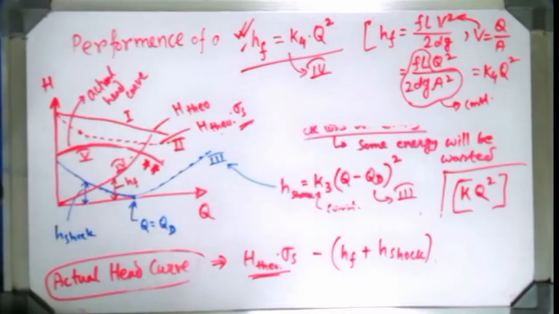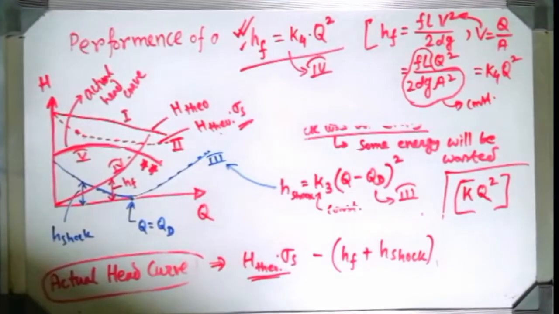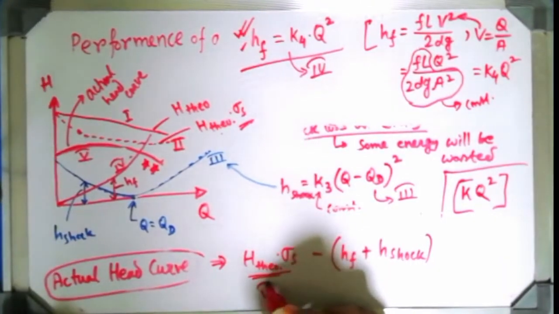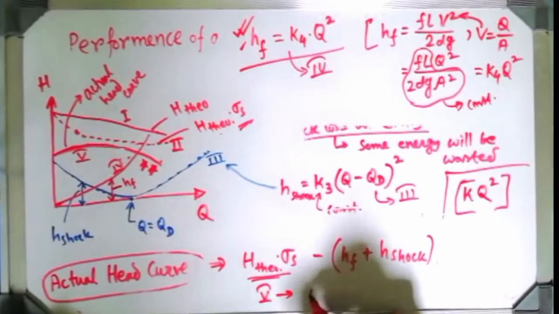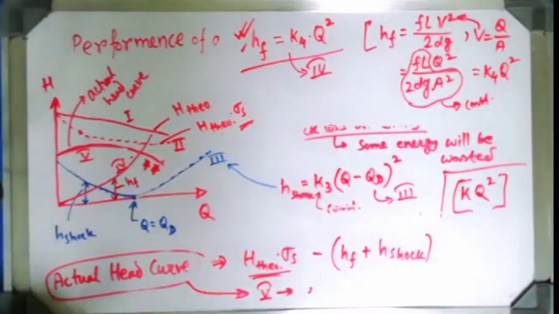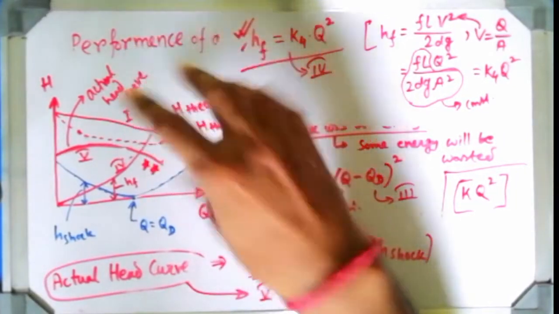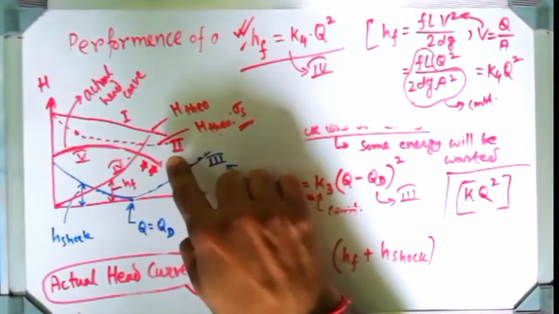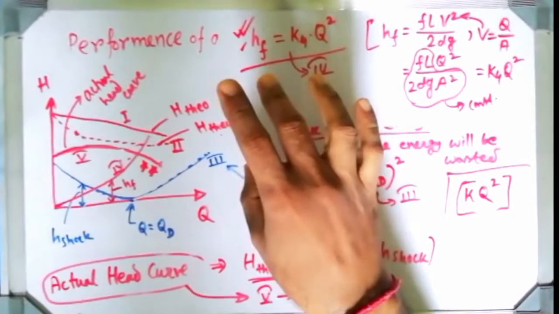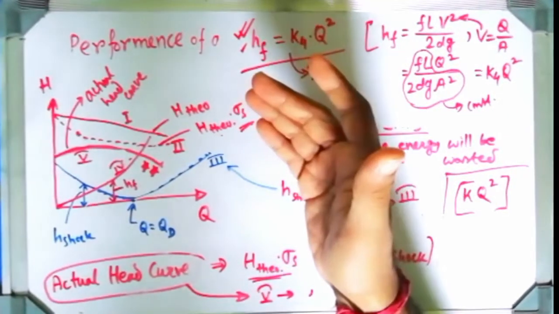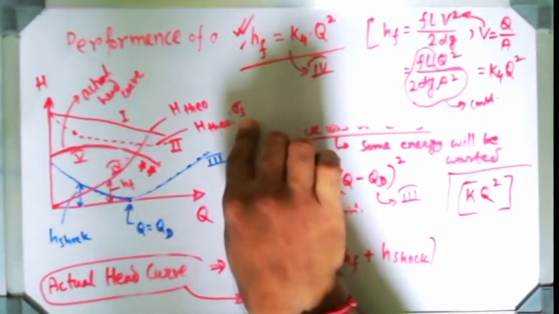So this star-marked curve is the actual head curve. Now tell me, have you understood or is there any confusion? So this number 5 curve is the actual head curve. I am again putting all those points over here. Number 1 curve is the theoretical head curve. Number 2 is also a kind of real head curve considering slip factor.